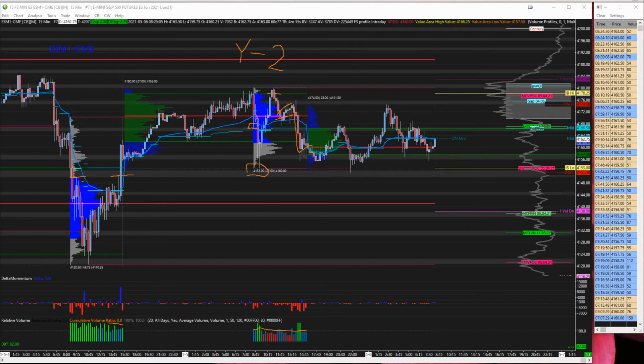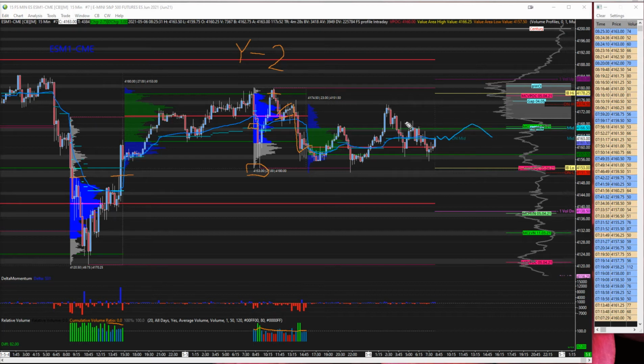Alright, so plans for today. Scenario 1 in blue is for a continuation of the move to the downside. So we're opening at around 63, which is right on top of the overnight mid.